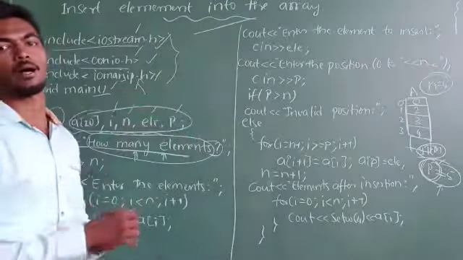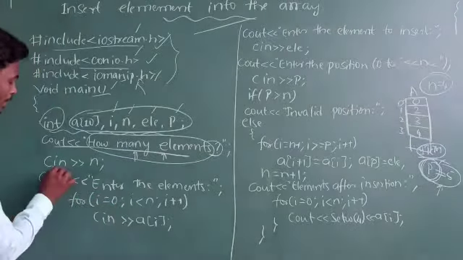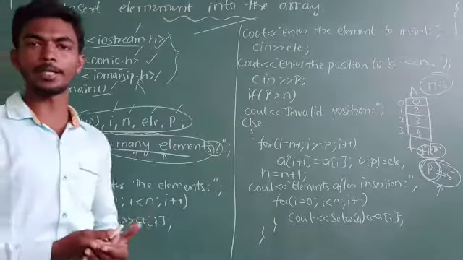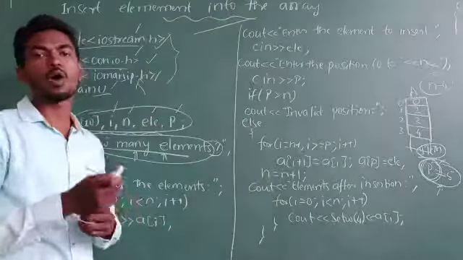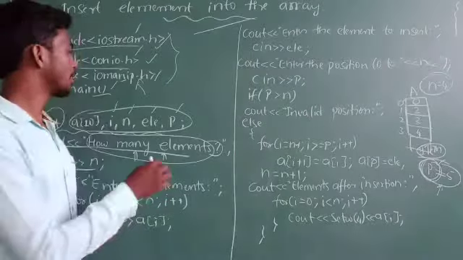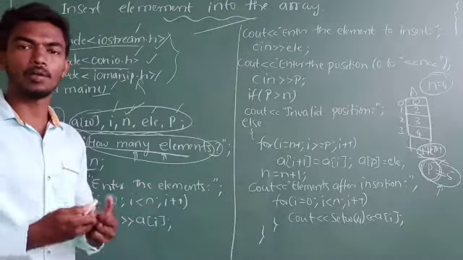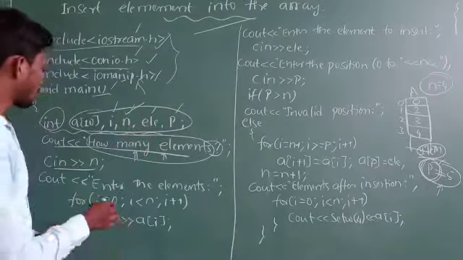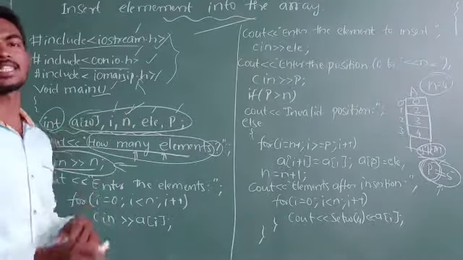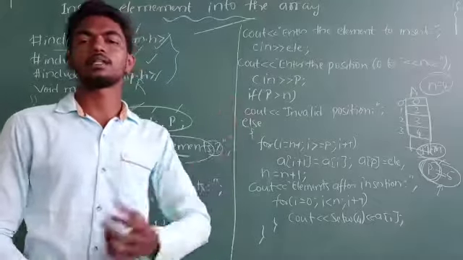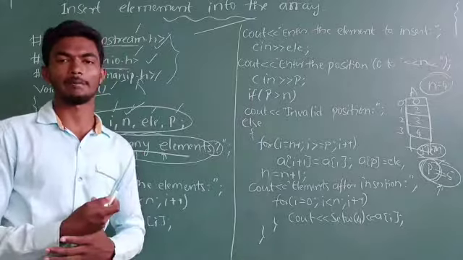We have asked the user how many elements they want to enter, which is represented by the variable n. We accept the n value through the statement cin >> n, so that the user is enabled to enter the value in integer data type. Understood?